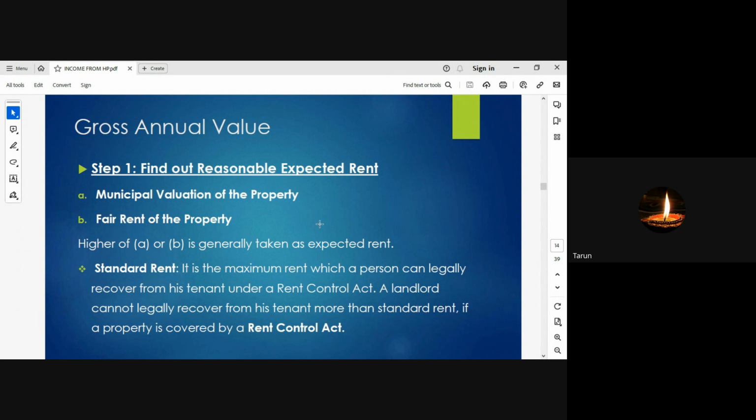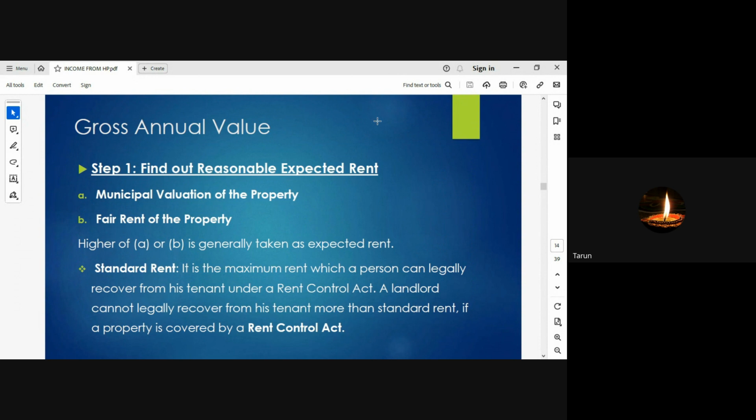It is the maximum rent which a landlord can legally recover from his tenant, and he cannot legally recover more than the standard rent. If the property is covered under the Rent Control Act, there is a limit decided by that act. So the higher of the municipal value and fair rent is the expected rent, but it should not exceed that limit.